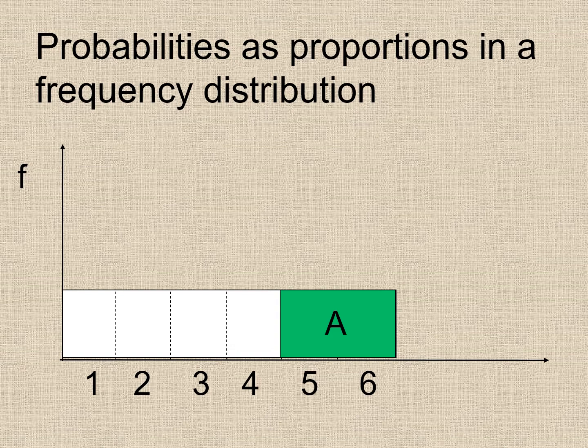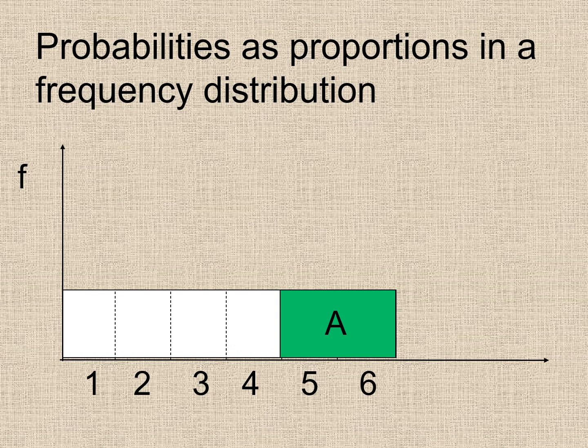Probabilities correspond to proportions in frequency distributions. So if we throw a dice a large number of times, we will get a uniform frequency distribution. So we have an equal number of 1s, 2s, 3s, and so on. So if we ask ourselves what is the probability of receiving a value that is above 4, the number of favorable outcomes corresponds to the size of area A here, the green area.